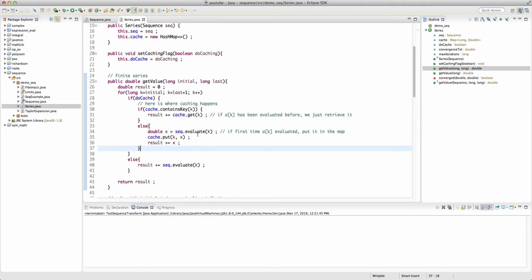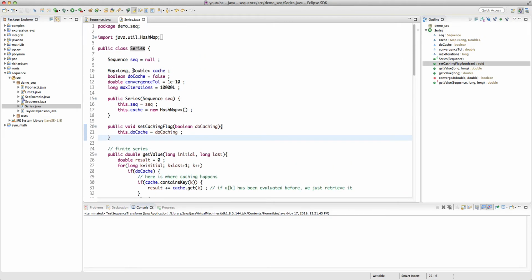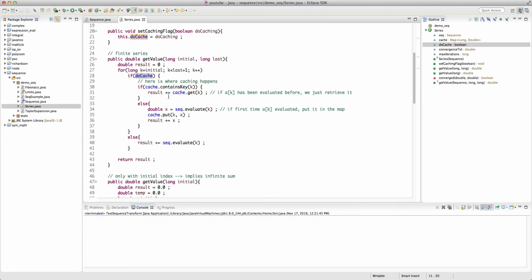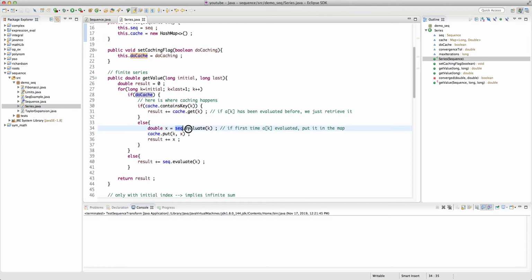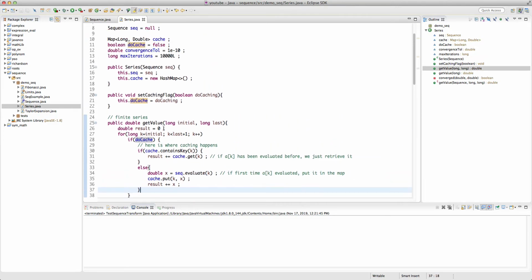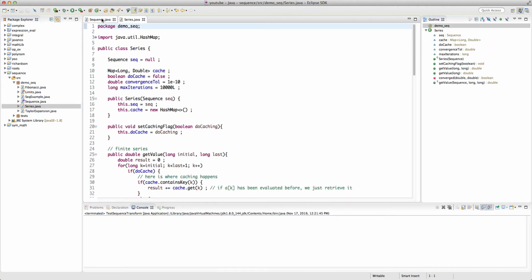And then this was the main idea, but we also implemented something called caching. So we calculate the sequence at each point and put them in a map and then retrieve them at another time. All right, so let's not worry about caching at this point, but these are the two main classes.